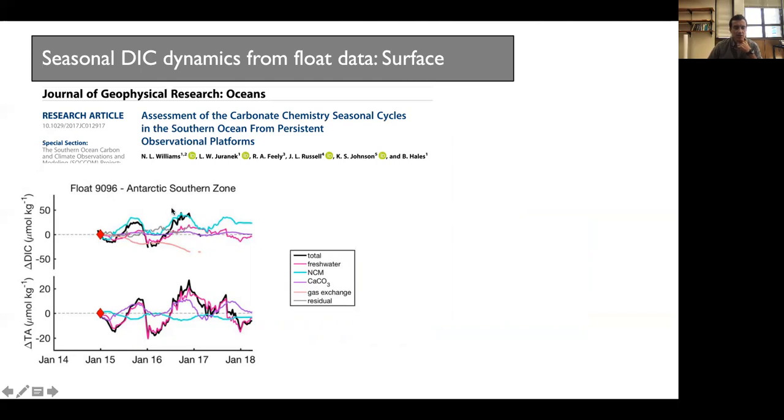And this is a seasonal cycle of DIC on the top, the black line showing the total DIC, and total alkalinity on the bottom. And the main takeaway from here is that this blue teal line is net community metabolism. And we see a really large increase in DIC due to that each winter.